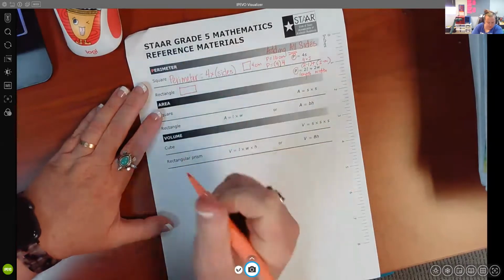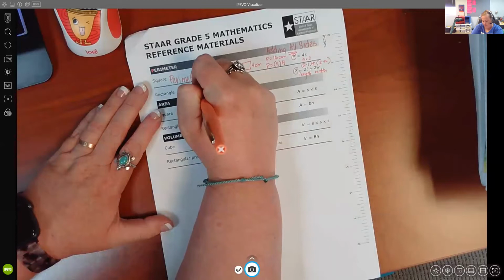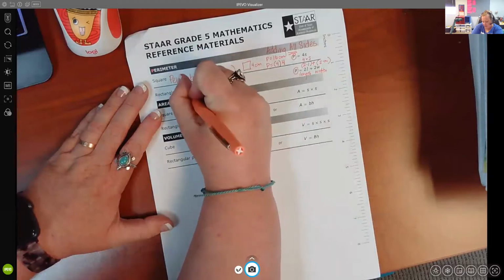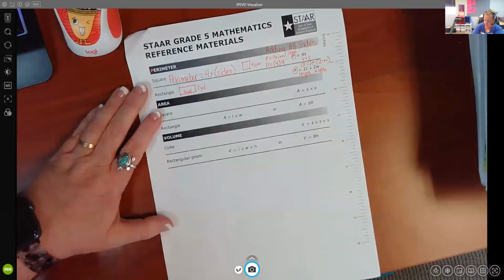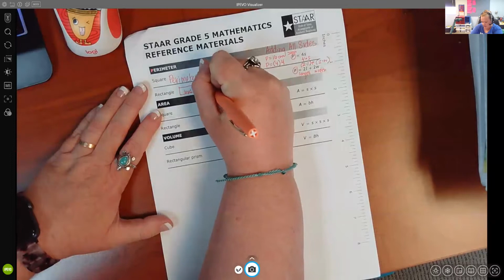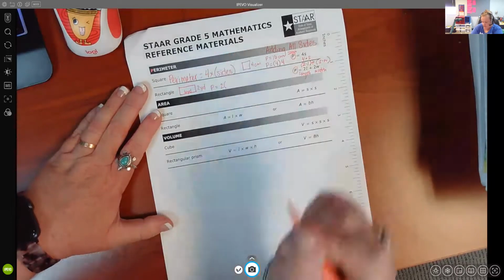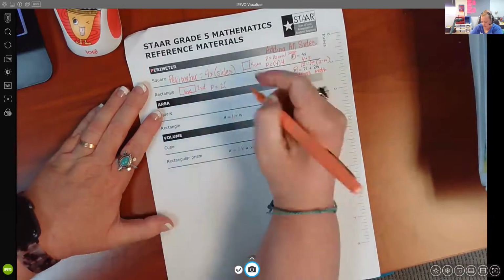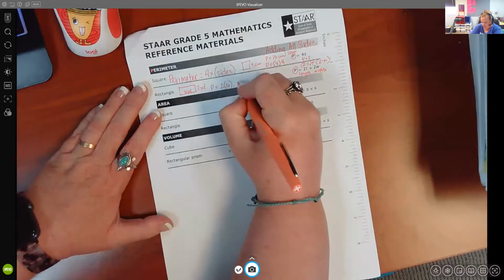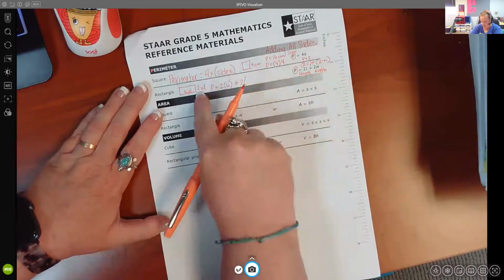So here's my rectangle, and I have 2 yards and 6 yards. So if I'm doing my perimeter for this shape right here, and obviously it's not to scale, perimeter equals 2 times the length, 6, plus 2 times the width, 2.